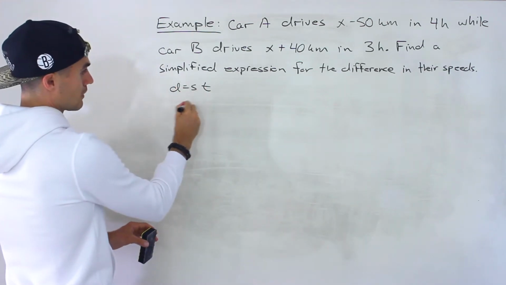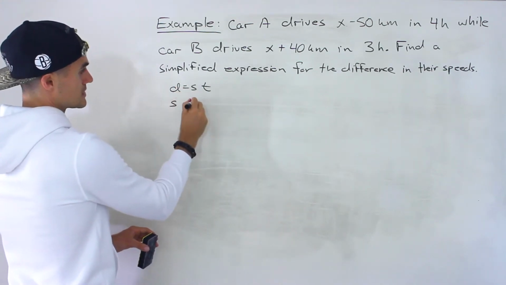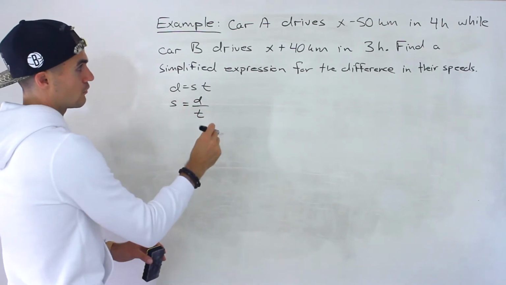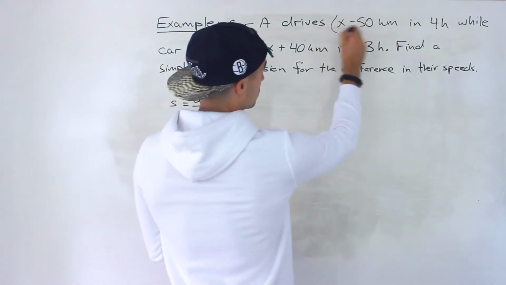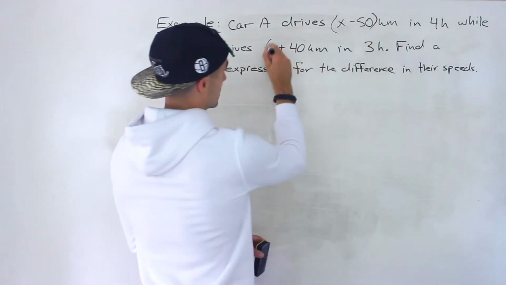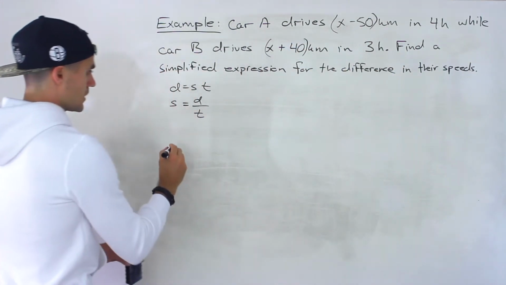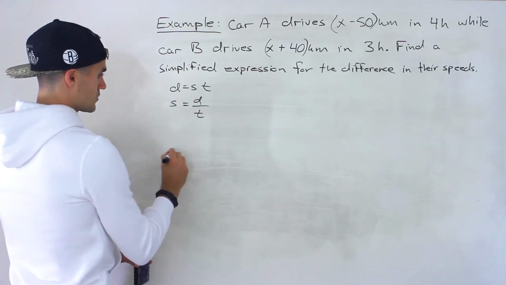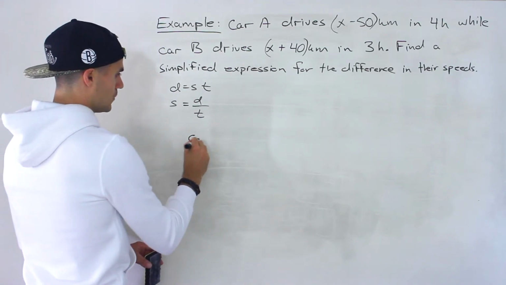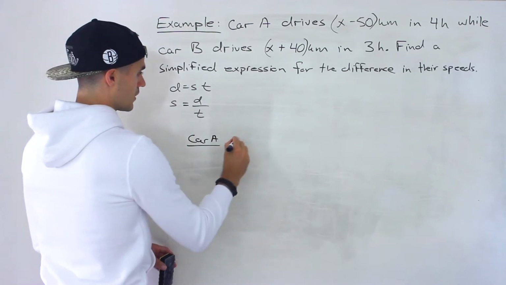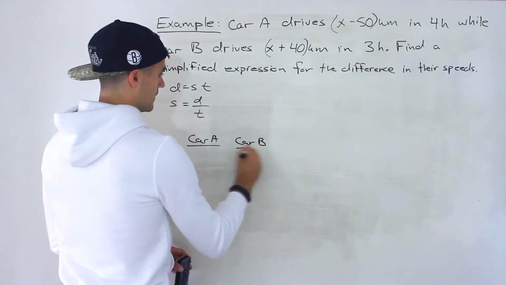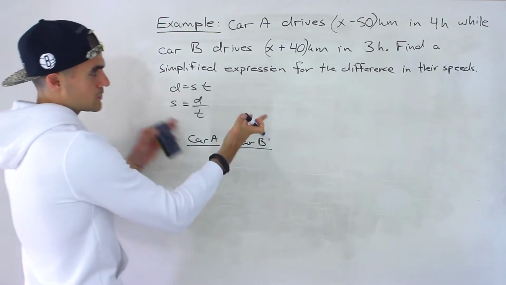So knowing this, we know speed is equal to distance over time. Notice we have an expression for the distance and the time. Just to organize it nicely, I'll put car A over here, and car B over here, because it's not always going to be in this format.